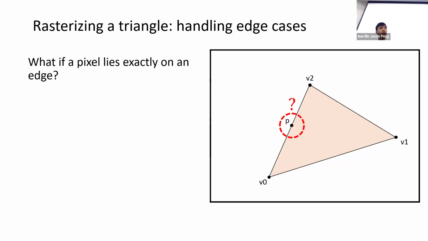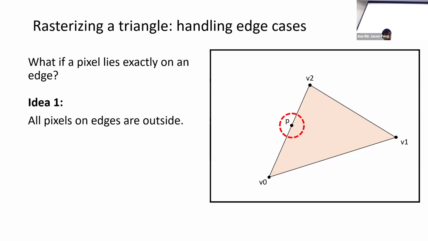So first, maybe a simple strategy that we might come up with would be, we can say that all pixels that lie on the edge of a triangle will be considered outside of the triangle. So in that case, we won't color in any of the pixels that lie exactly on an edge.